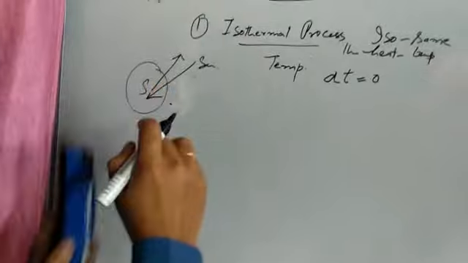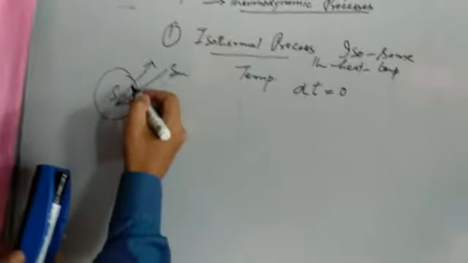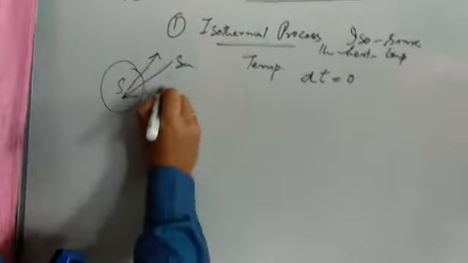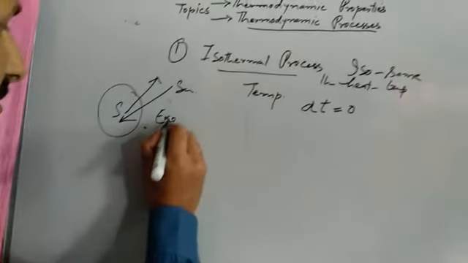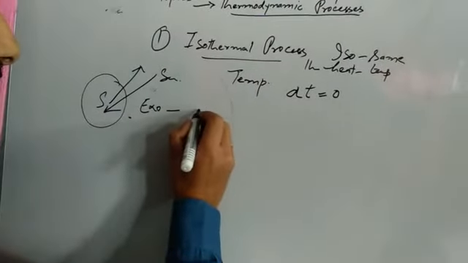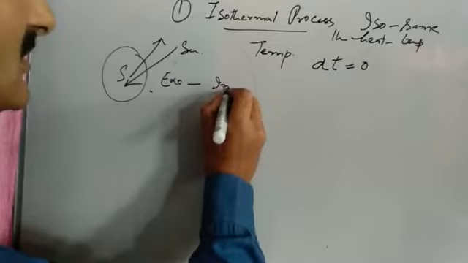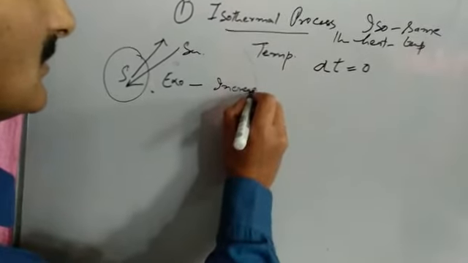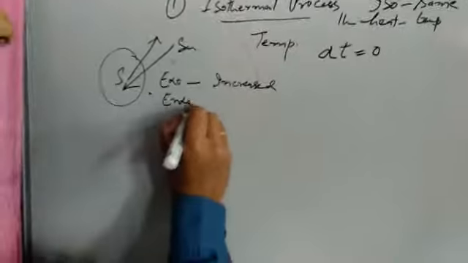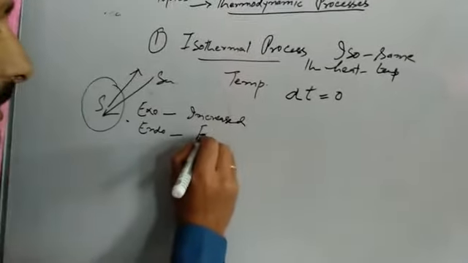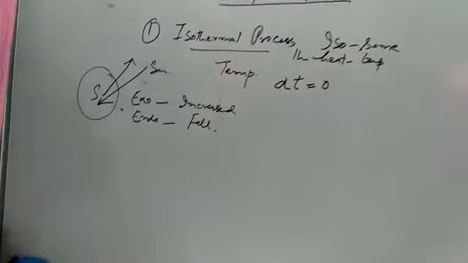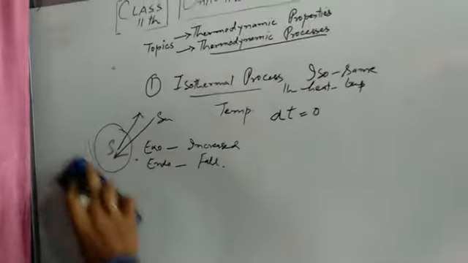If the reaction is exothermic in nature, then temperature will be increased. And if the reaction is endothermic in nature, then the temperature will fall. This is to be remembered. So these processes are known as isothermal processes.